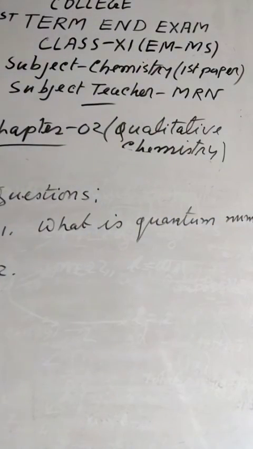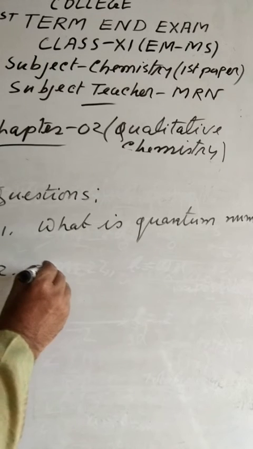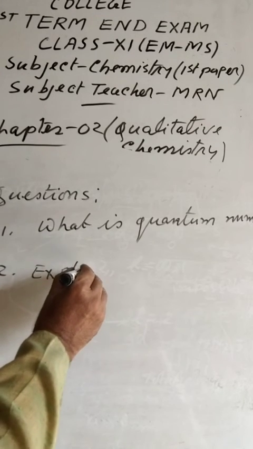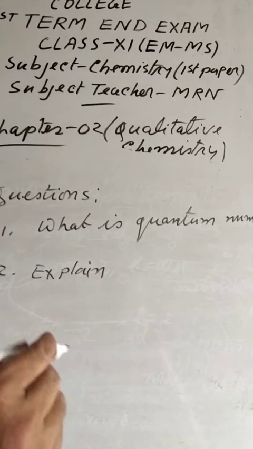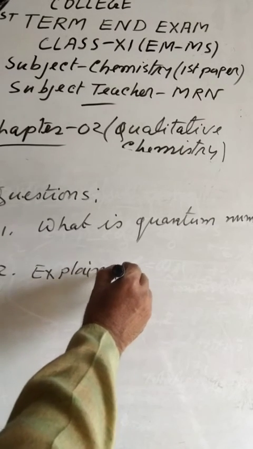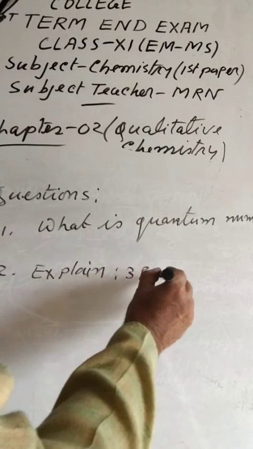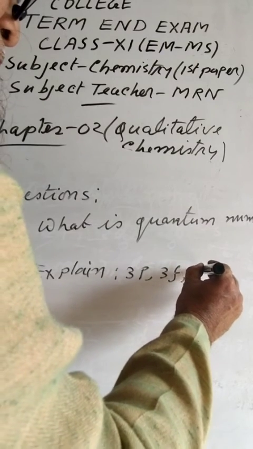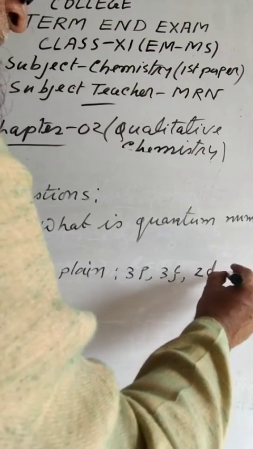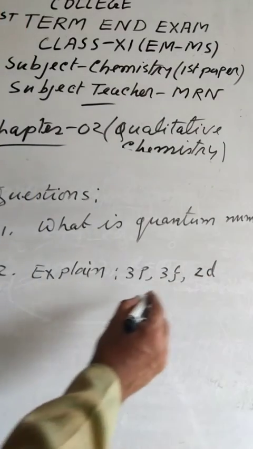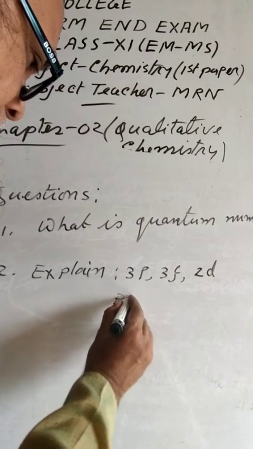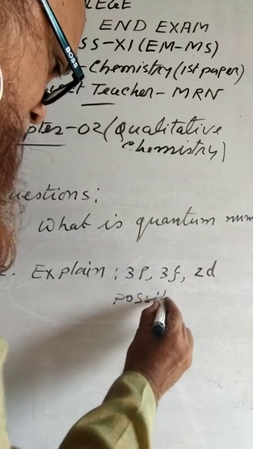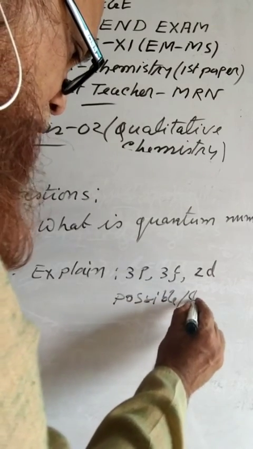Number 2, explain whether 3p, 3f, 2d are possible or impossible.